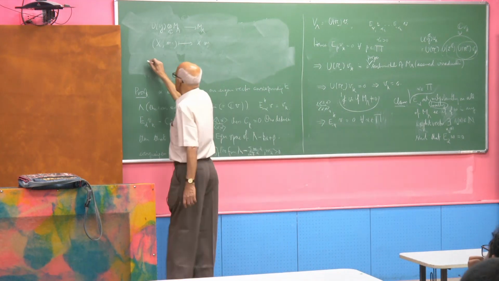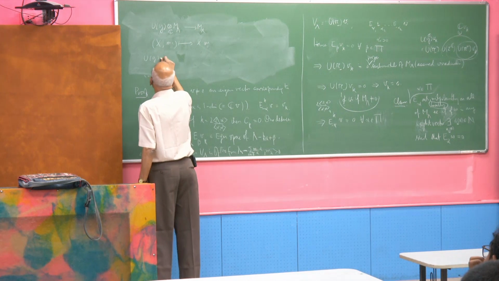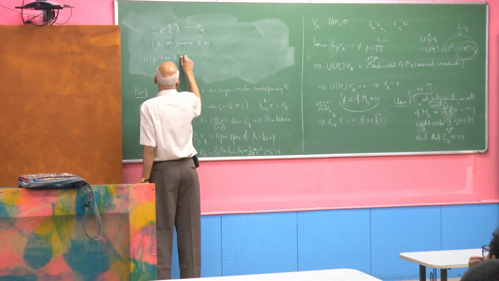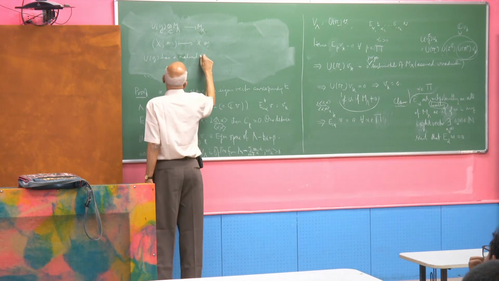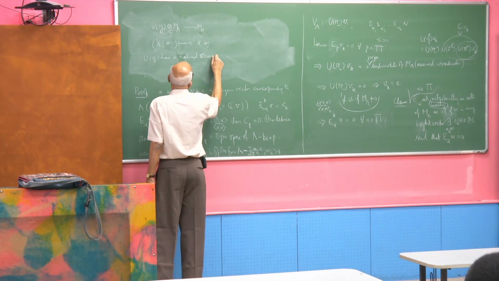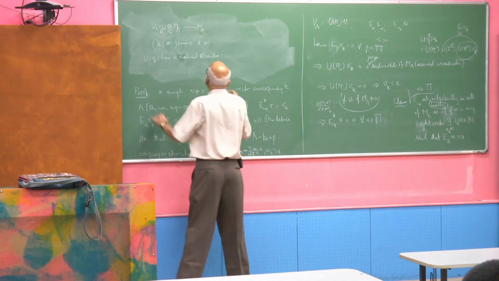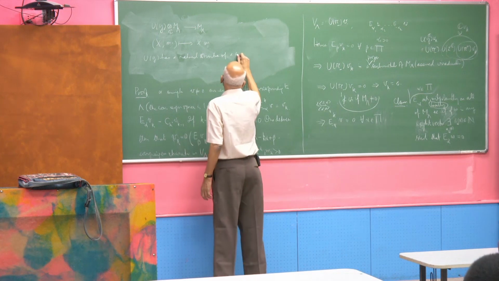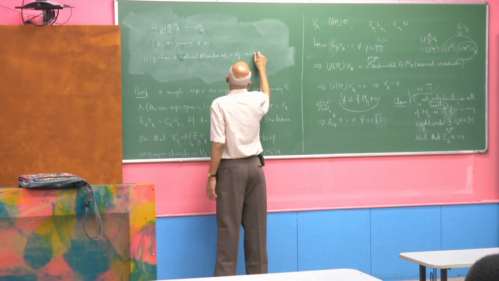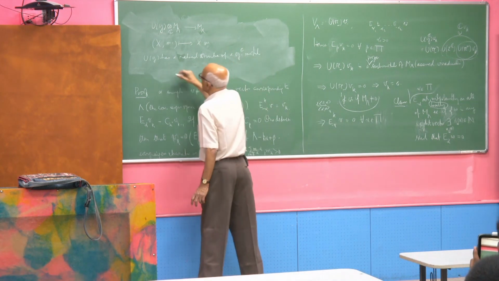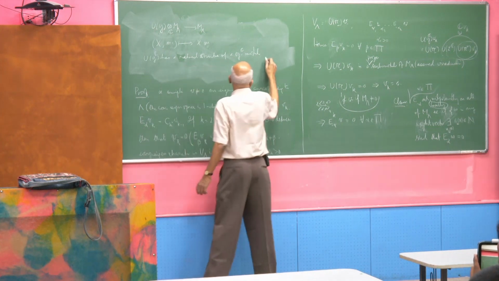Now, UG has a natural structure of a G module via the adjoint representation.